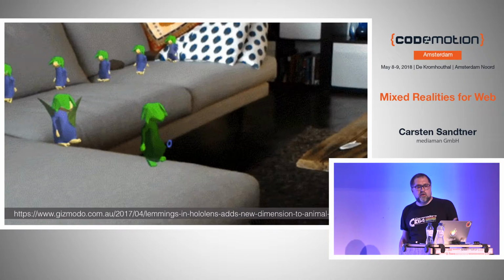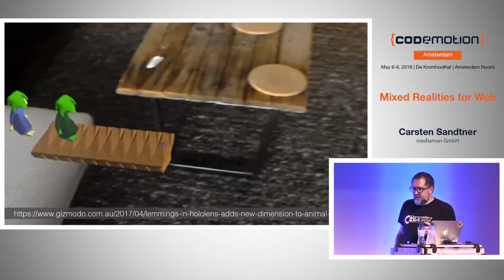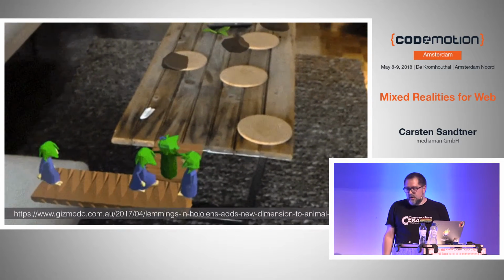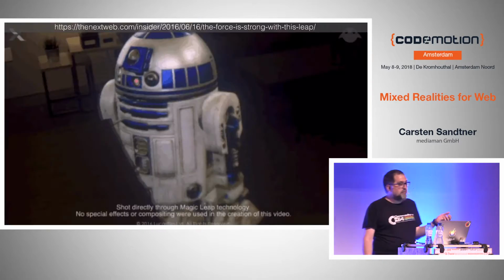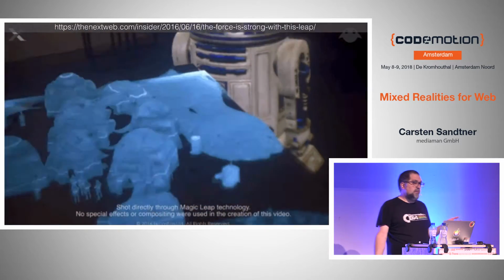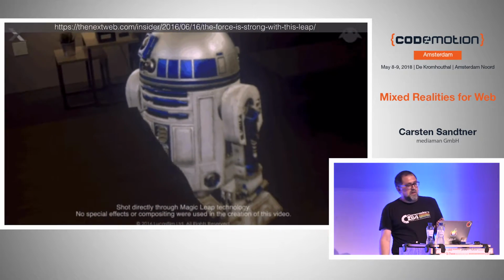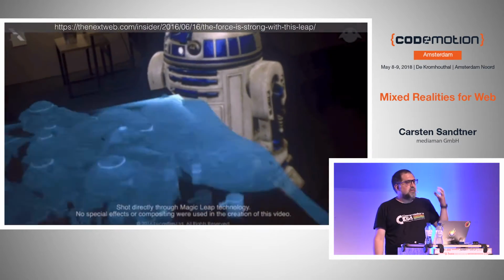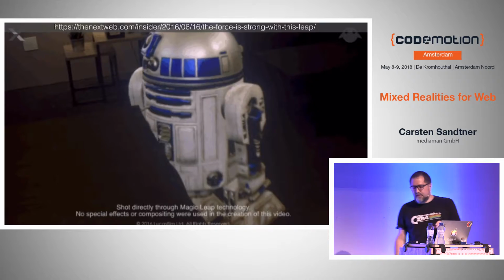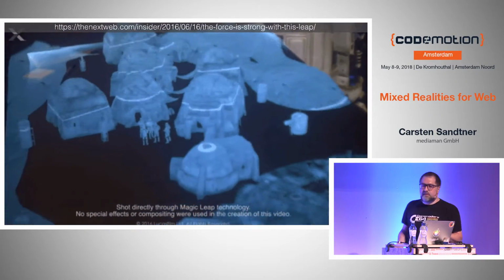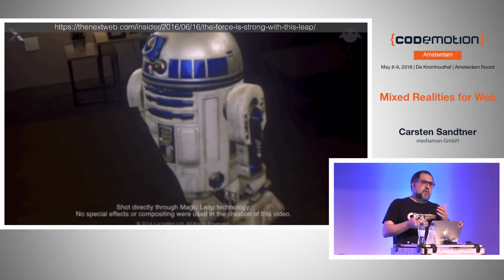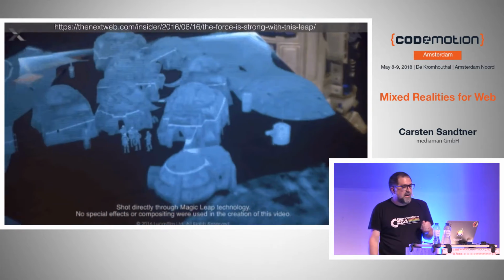There's an example by HoloLens where they have Lemmings, where you can play Lemmings in your living room. Or Magic Leap, maybe they're coming soon, is working on AR glasses, and the only thing which is real in this room is the table, the rest is augmented. So this is where it will go.